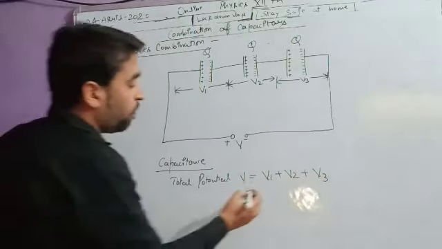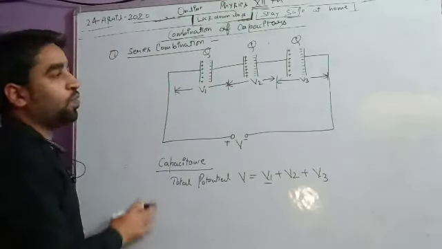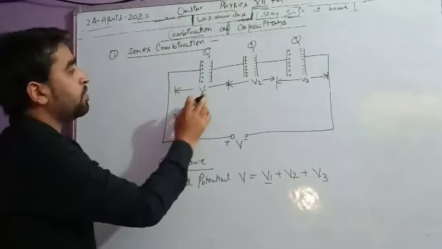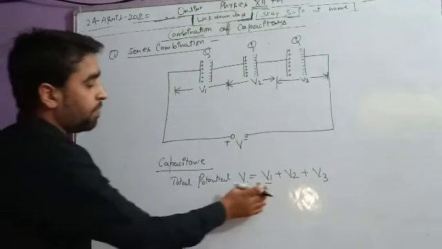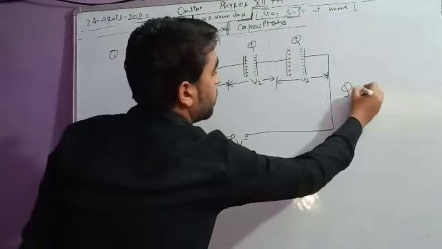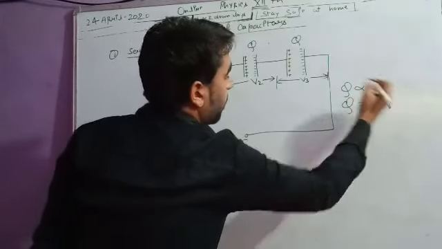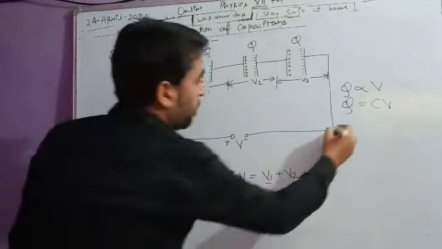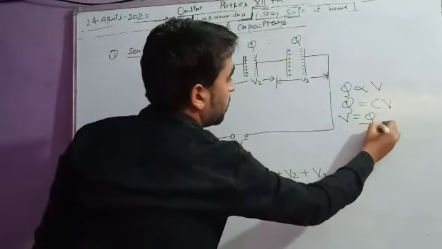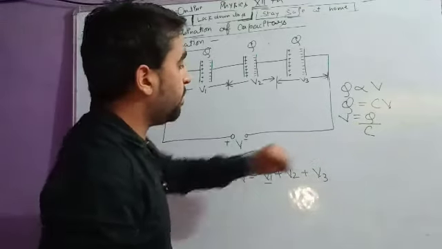Now what is the value of V when capacitance is known to us? We have studied previously that Q is directly proportional to V and Q is equal to CV, and when we calculate V, V is the ratio of Q and C.